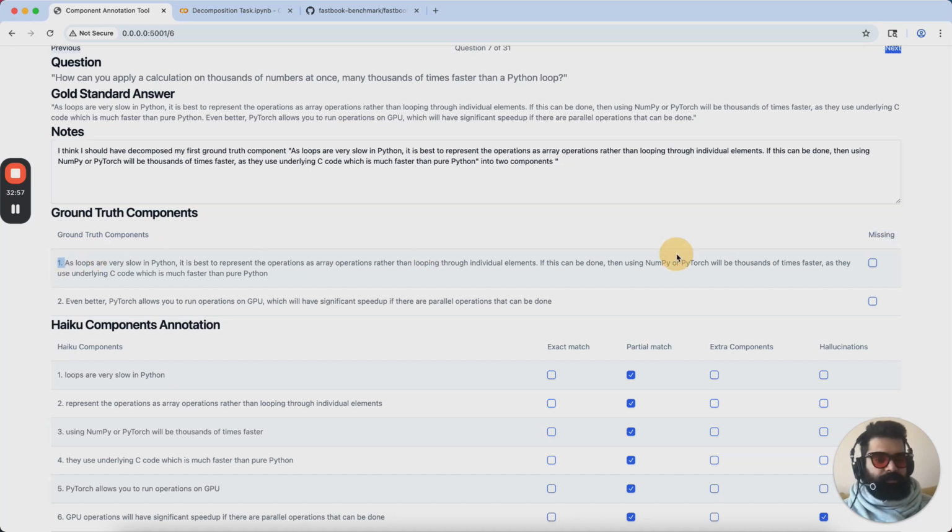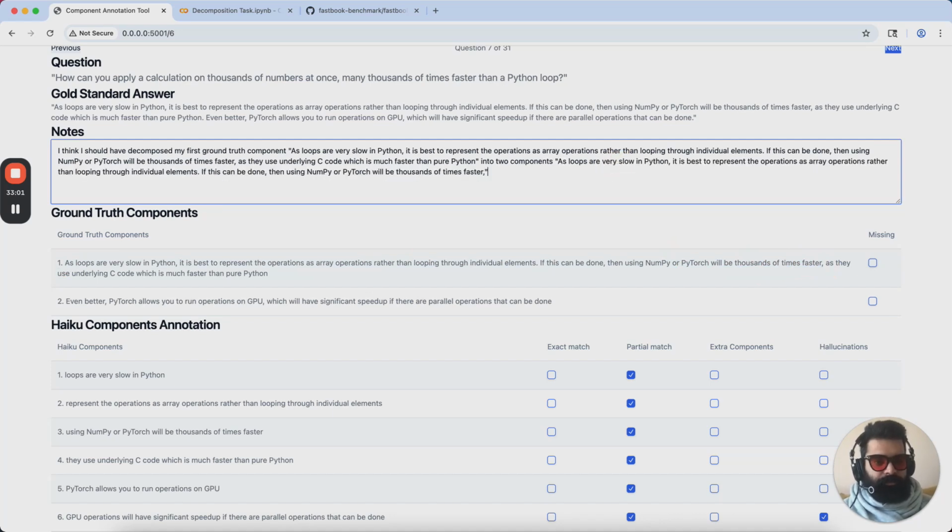So the first is loops are slow, NumPy PyTorch, and the second is they use underlying C code, because there are relevant passages. I'll say because there are two unique relevant passages in the text that match each one separately.